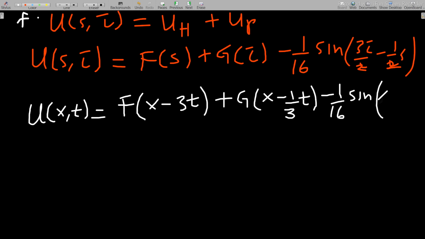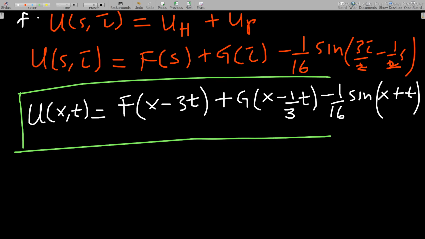It was actually x plus t that gave us that. So this is our final solution to the question we were solving here.